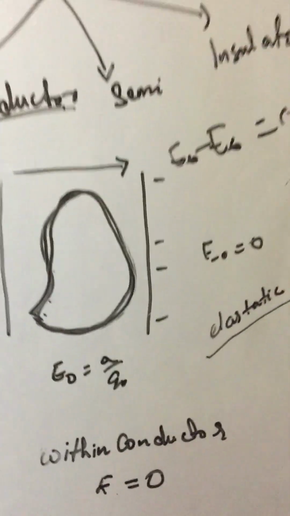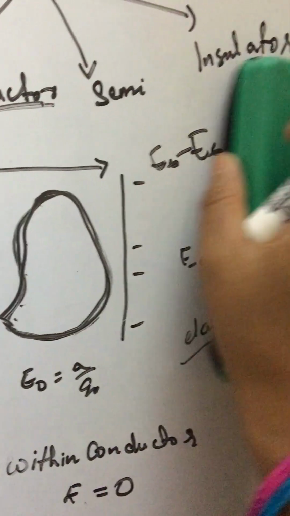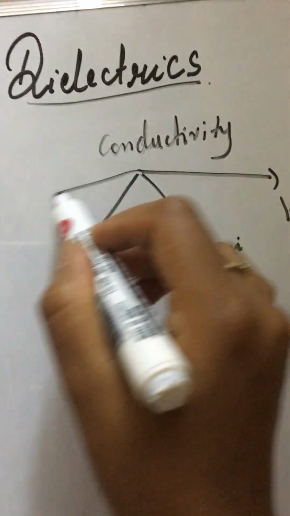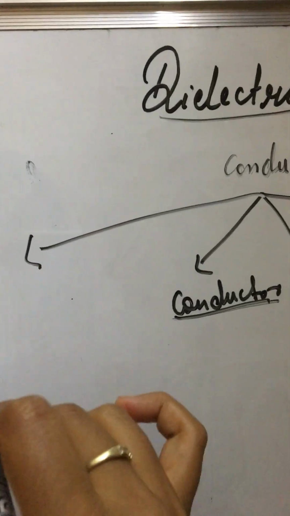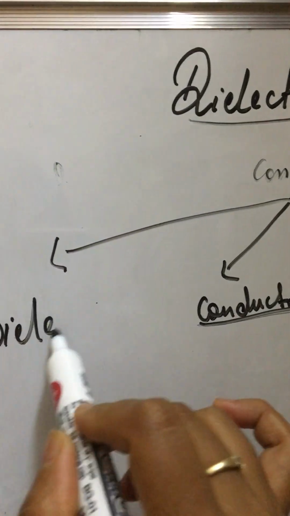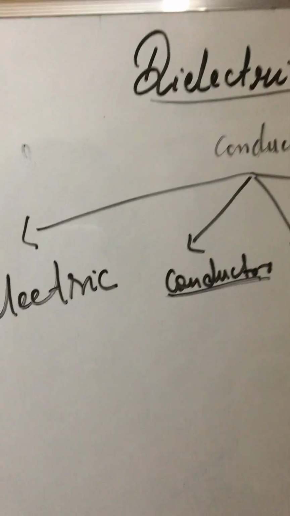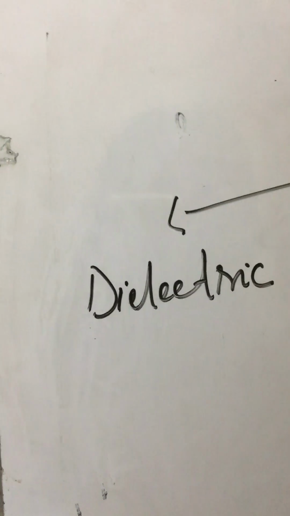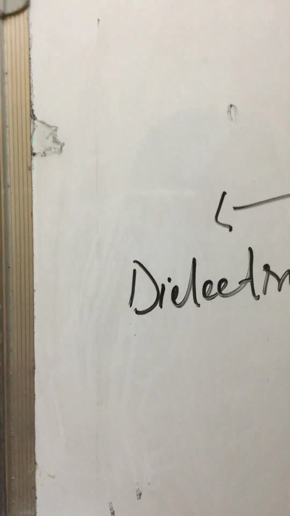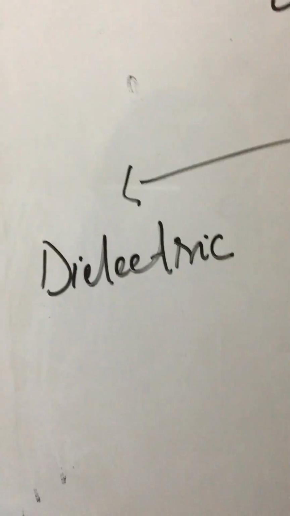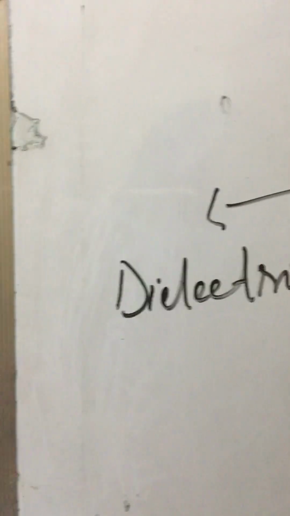But apart from the insulator, conductor and semiconductor, there is a special class of material which is known as a dielectric. Sometimes it behaves like an insulator, but it allows polarization. This is the only difference.